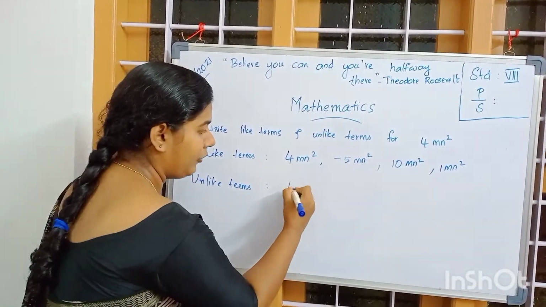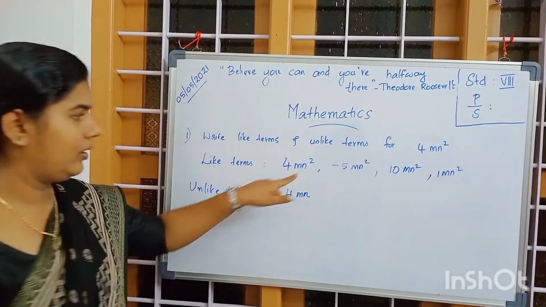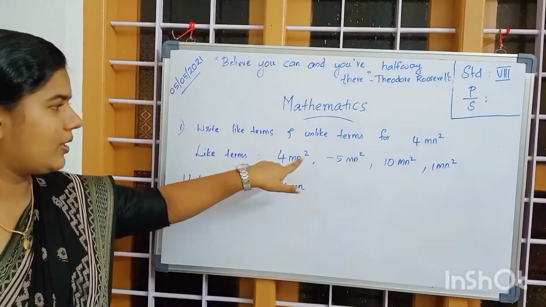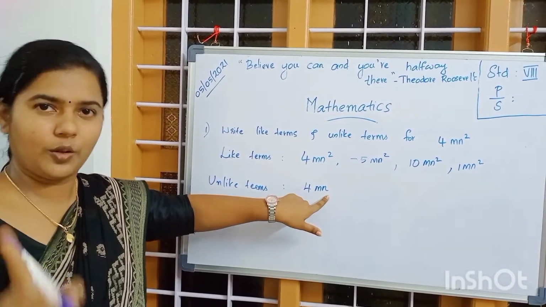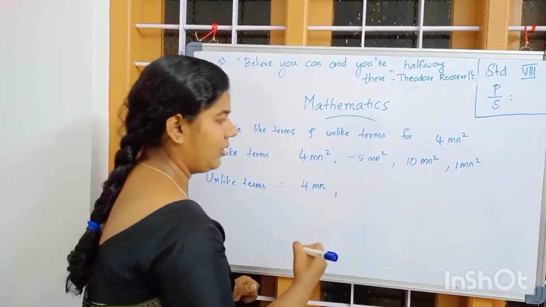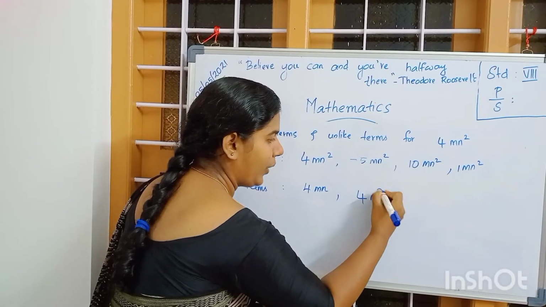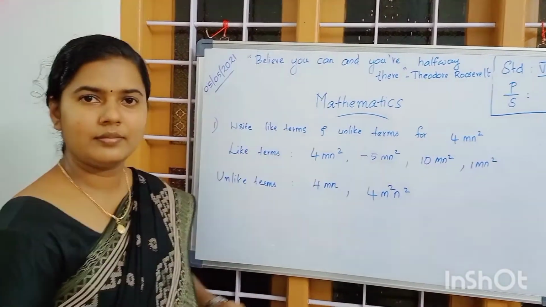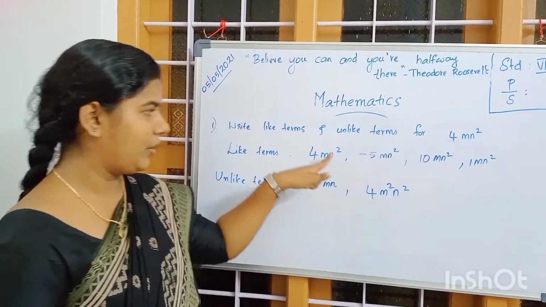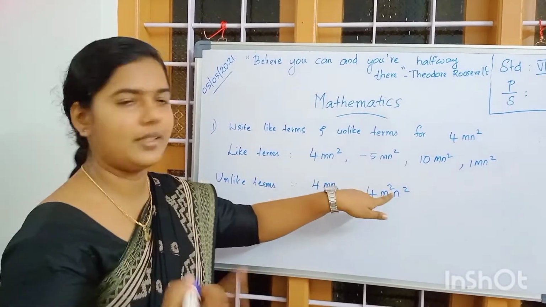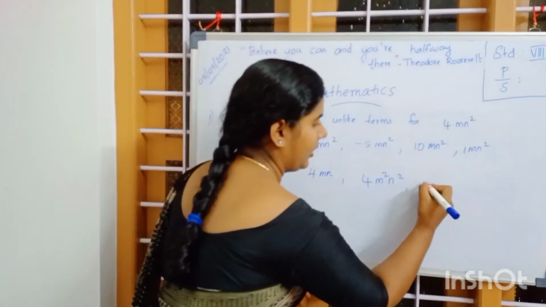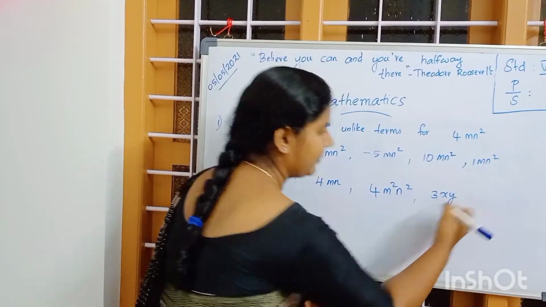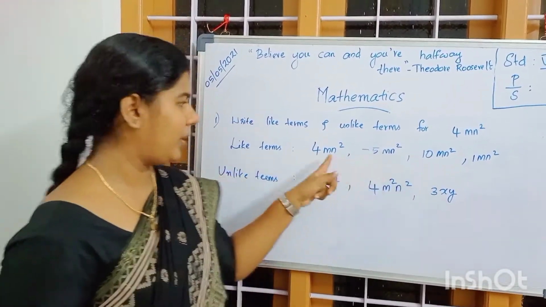If you write 4mn, this is unlike, right? Because here the power of n is 2. Here the power of n is 1. So that is different. And if you write 4m square, this is also unlike, because here the power is 1, here it is 2. And you can write an extremely different term, that is 3xy, which is extremely different from this term.